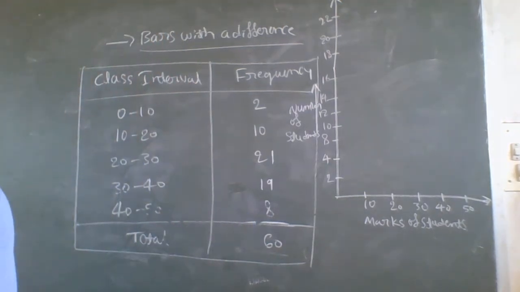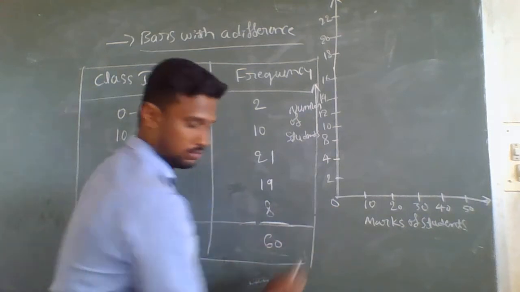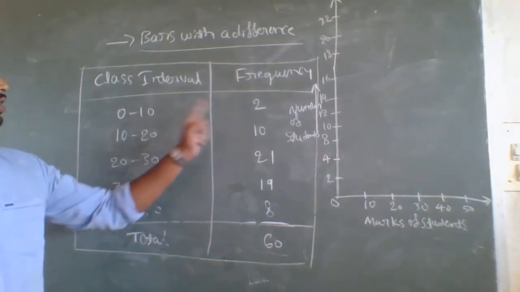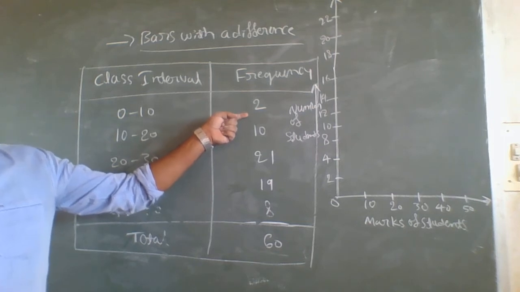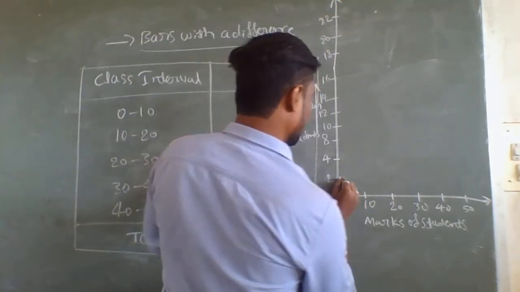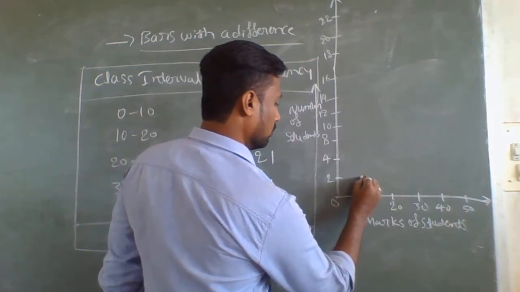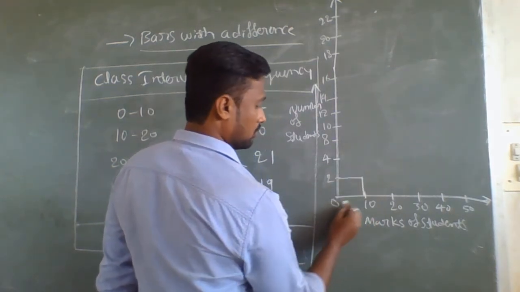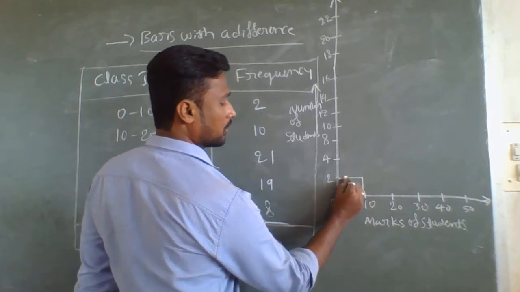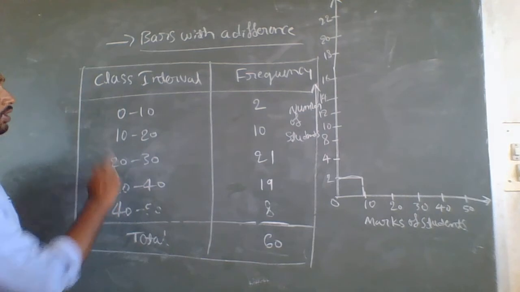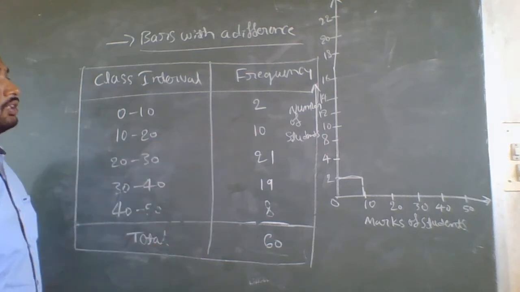So here this is 0, and 0 to 10, how many students? 2. Therefore 0 to 10, 2 students. Now 10 to 20, how many students? 10.